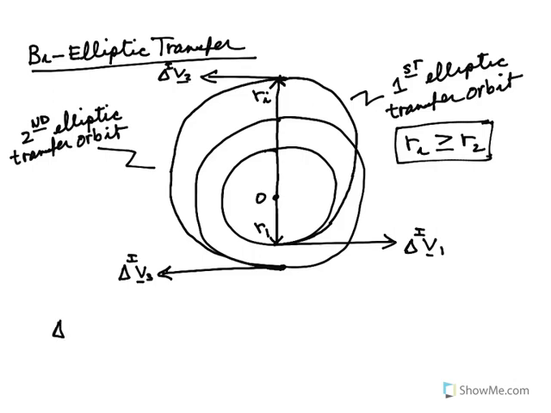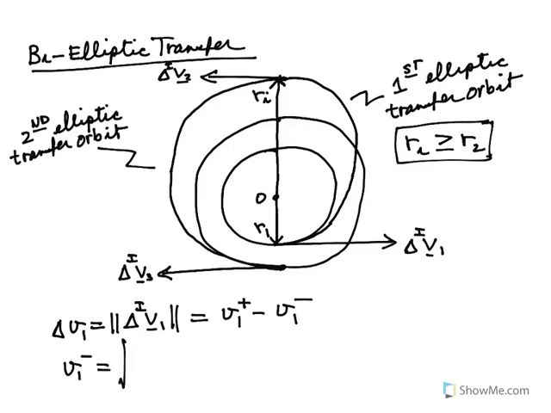So delta V1, which is equal to the magnitude of delta V1, is such that we need to know the initial speed and the final speed. So this is equal to V1 plus minus V1 minus. So now let's figure out what these things are. Well, V1 minus is equal to the square root of mu over R1. That's the initial circular speed.